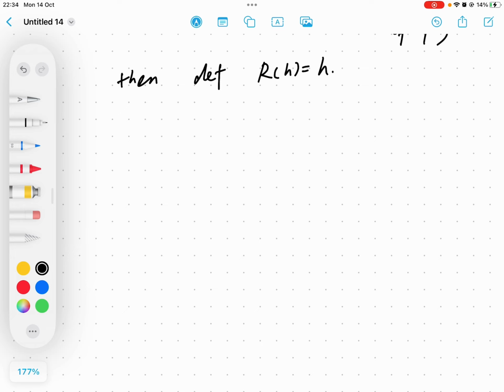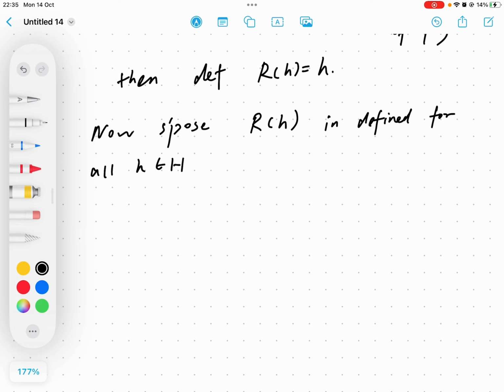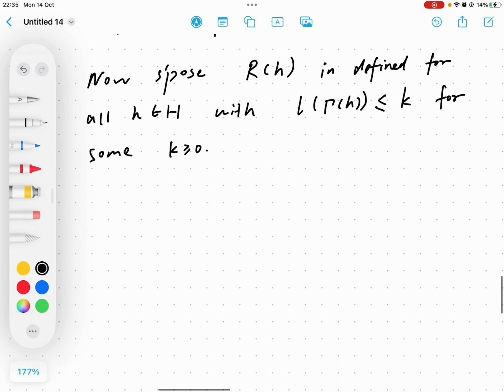All right, so now suppose that this R_H function is defined for all H with the length of the subgame Γ(H) no greater than some number K, for some non-negative number. So that's the first step.